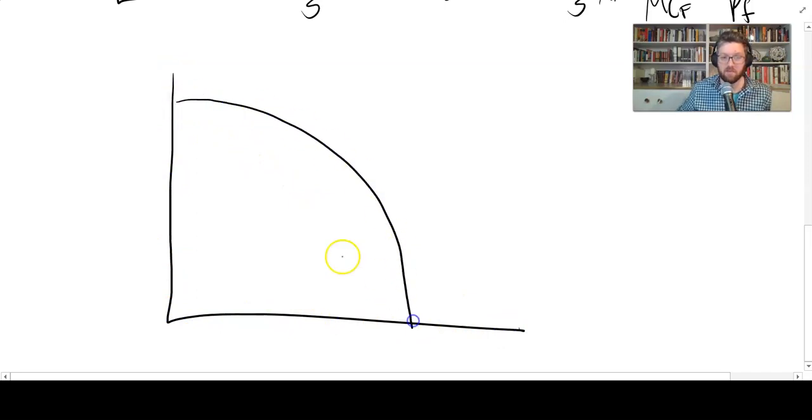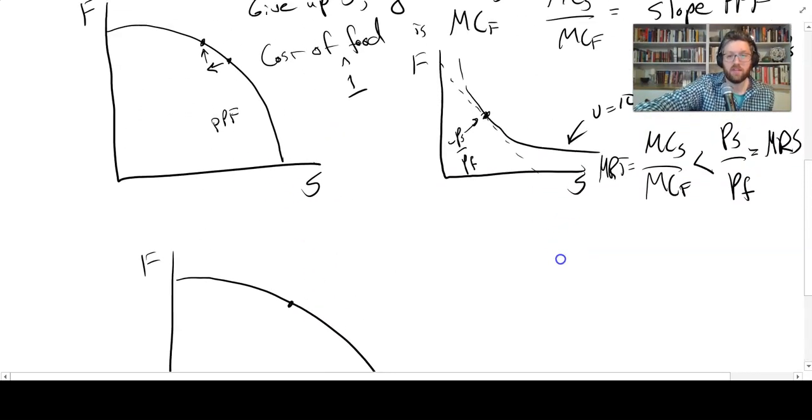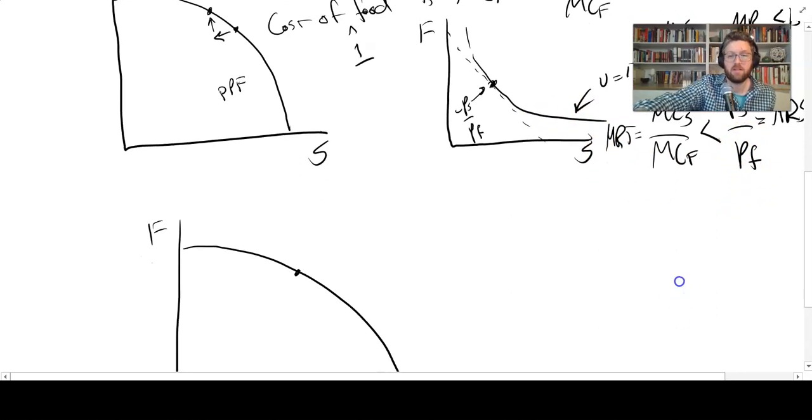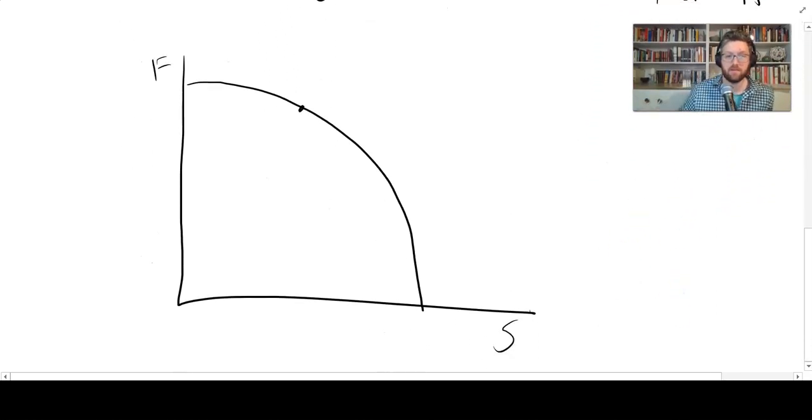Here's our PPF, food and shelter. Here's the price. Let's say we're producing at this point. If we're going to have the slope be less than the price ratio, I think basically it looks something like this.